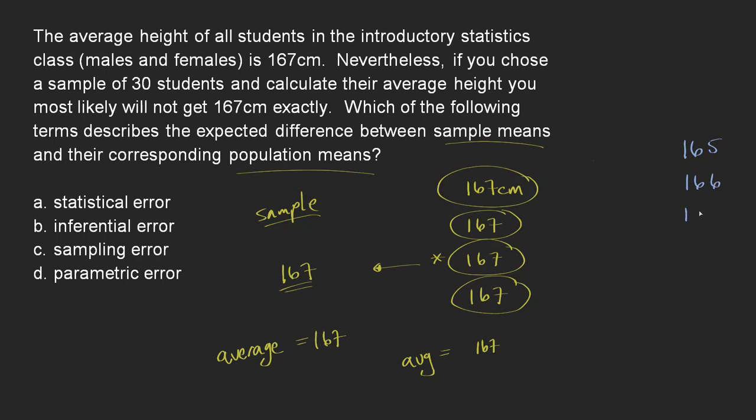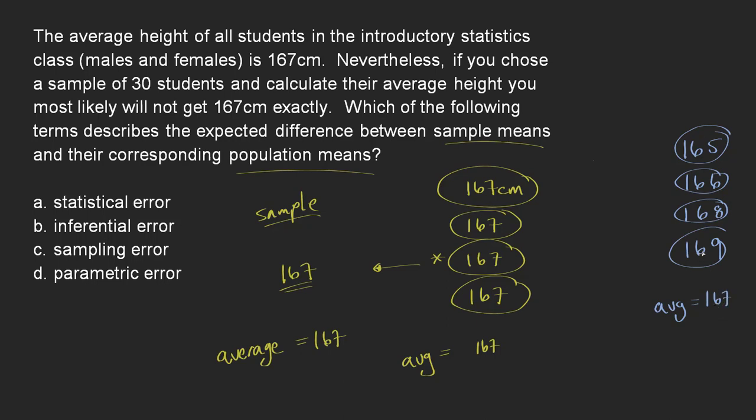Here's somebody who's a little bit larger than the average, and another person who's even larger. So here I've got 4 individuals, and if you add up these 4 numbers and you divide by 4, you're going to find that the average here in this small population is still 167.